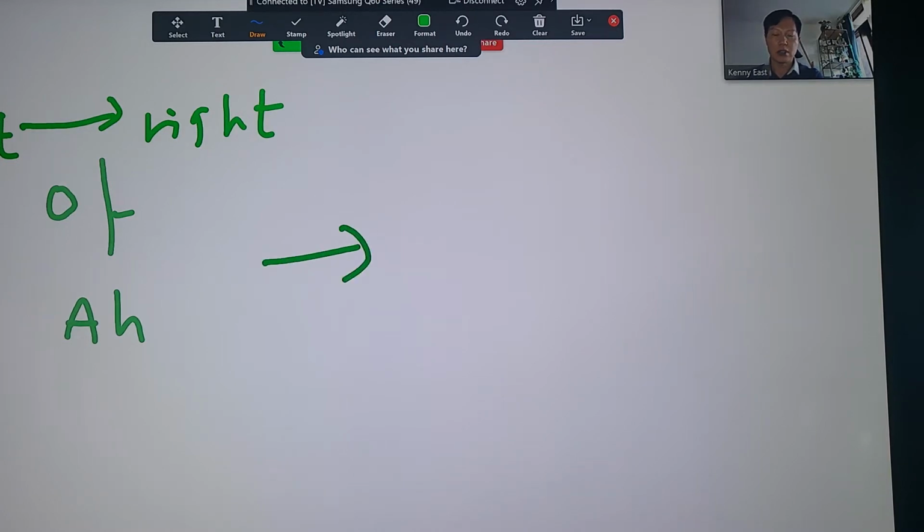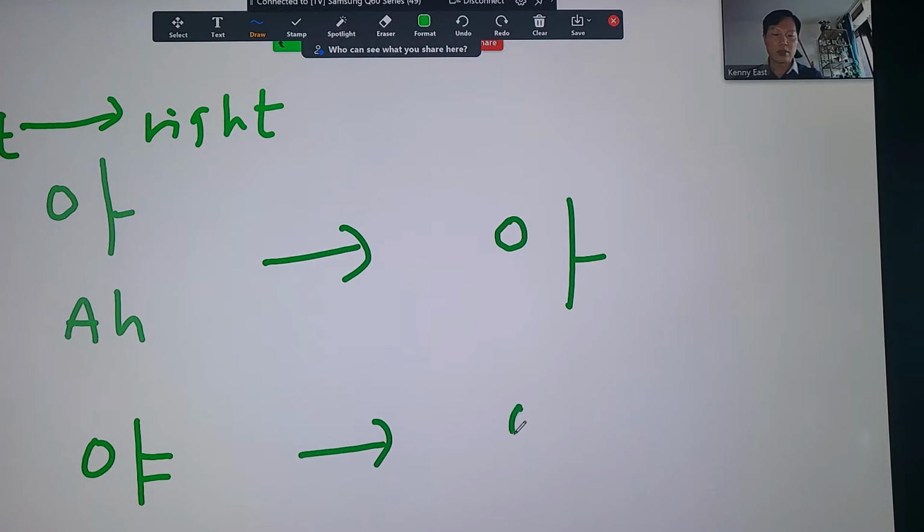Let's read and write again. The first vowel starts from the circle, and then this one later. So this is the a sound. Next one, the ya sound, starting from the circle again and then the stick on the right hand side. So all the time you write starting left to right.